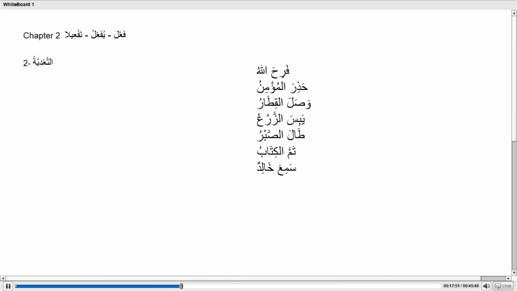In short, you can say chapter 2 is a principle to every verb which has the fa as a waw. أليس كذلك؟ Provided that the ain, someone said provided that the ain is not a throat letter. Is that right? What's correct then?